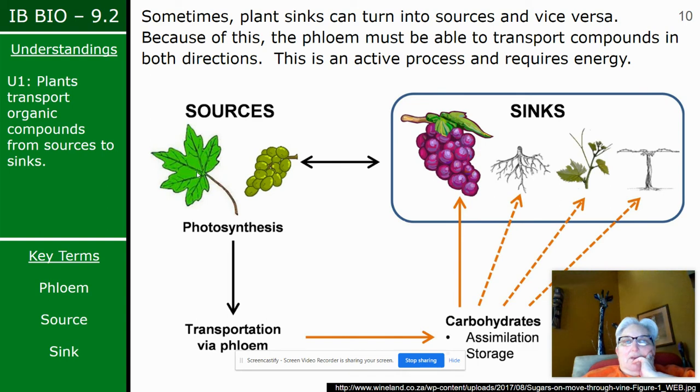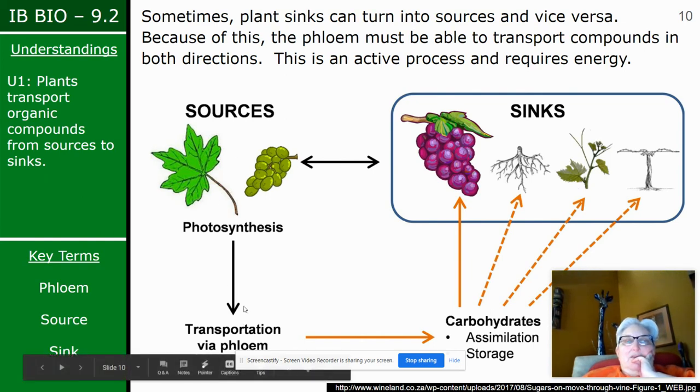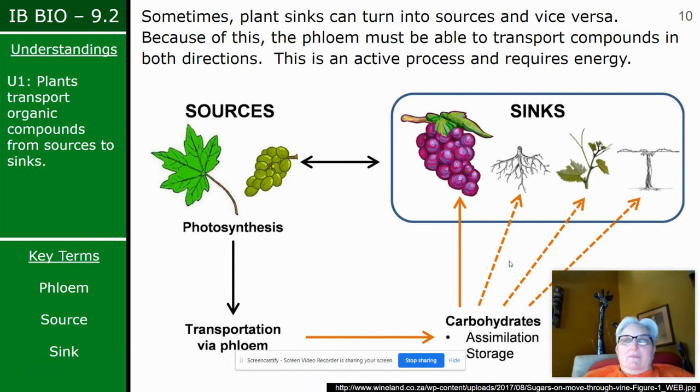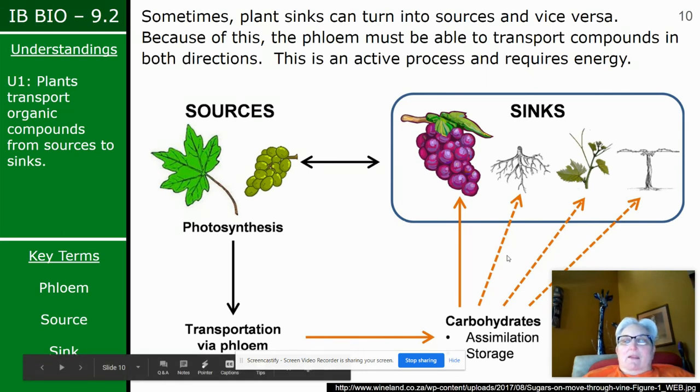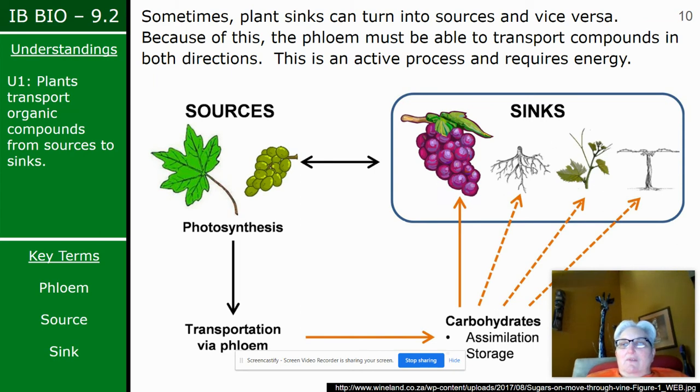So we see our leaves and the fruit itself become sources of sugar in photosynthesis, and it gets transported to the phloem, and it can then release and make these carbohydrates in the presence of energy, and it can release those to various parts of the plant.